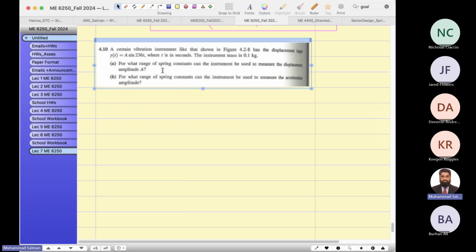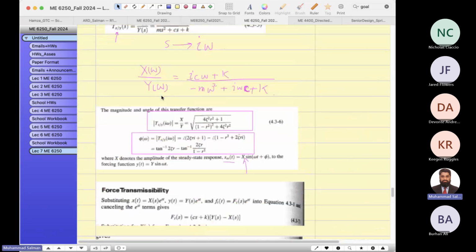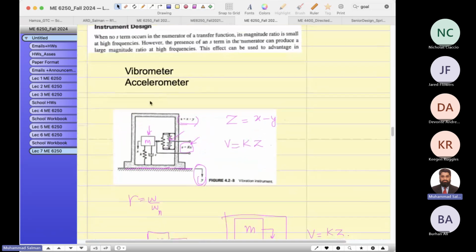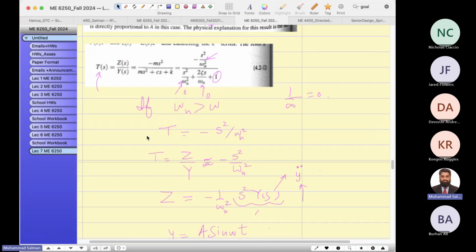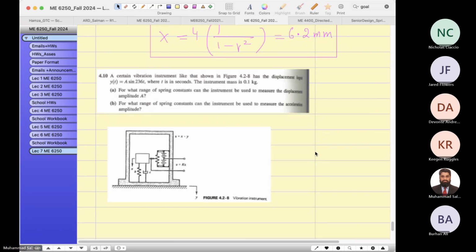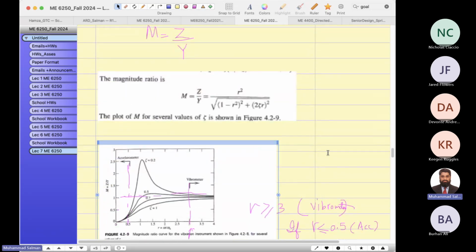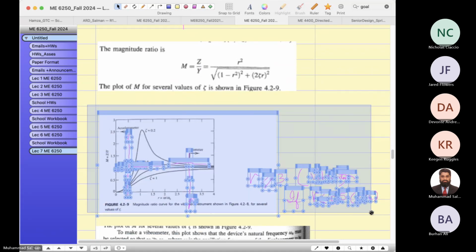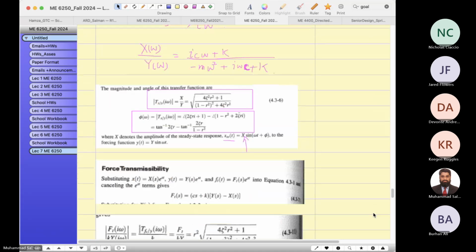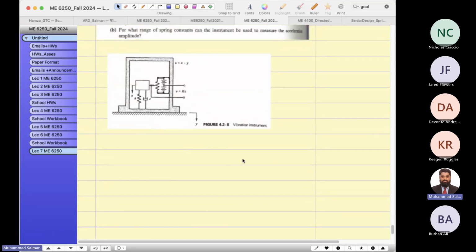A certain vibration instrument. So let us see the instrument. The vibration instrument looks like this figure, but I want to copy this one for your help. This is the instrument, and this is the output response.